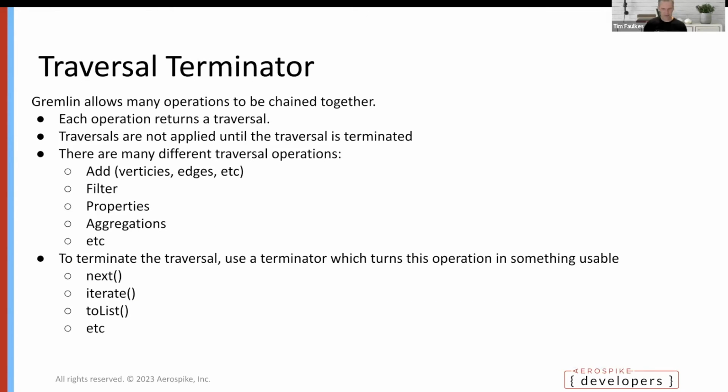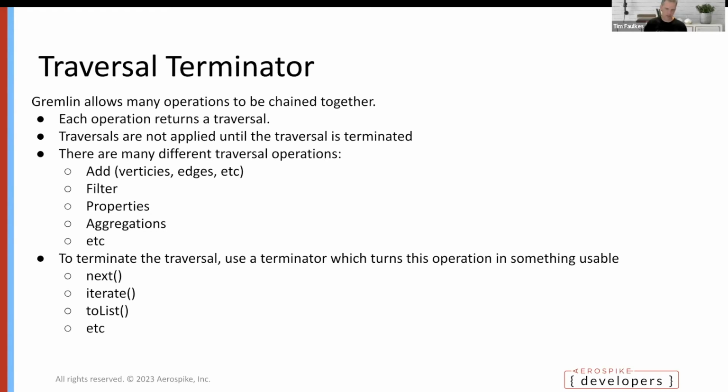So every operation that you do that starts with the G, which is our traversal operator, returns a traversal. What you want to do is terminate those at some point. The traversal is not complete. It won't go and form those relationships until you've called that terminator. And so there's different traversal operations. I can add filters, I can add properties, I can do aggregations. As I said, there's an awful lot of these operations.